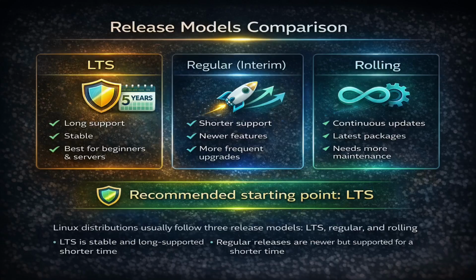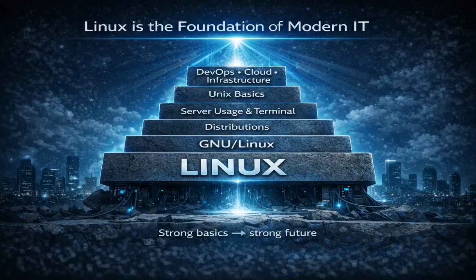Regular releases are fresher but change faster, and rolling releases are the most up-to-date but require more maintenance. If you are just starting or if you work with servers and production environments, LTS is usually the best and safest choice.